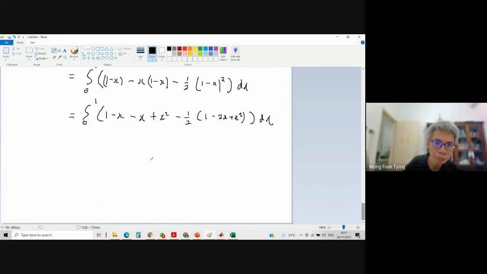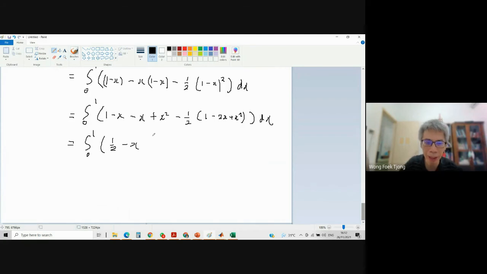Let's continue and simplify. 1 minus 1/2 becomes 1/2. This is minus 2x, this is plus x, because this is plus x. Minus 2x plus x, so minus x.